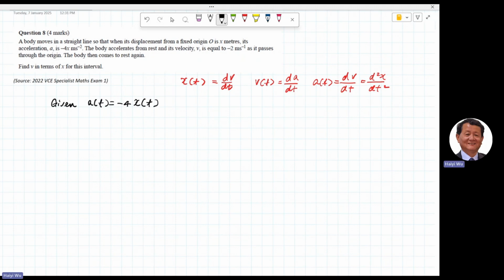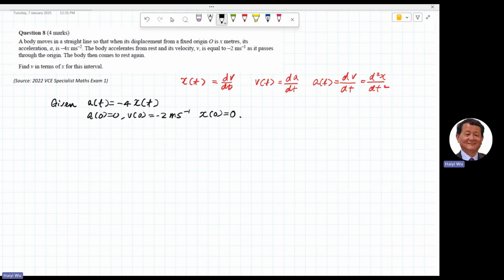Then we also have the velocity: at t = 0, the velocity at rest is -2 millimetres per second, and obviously the displacement is also 0.